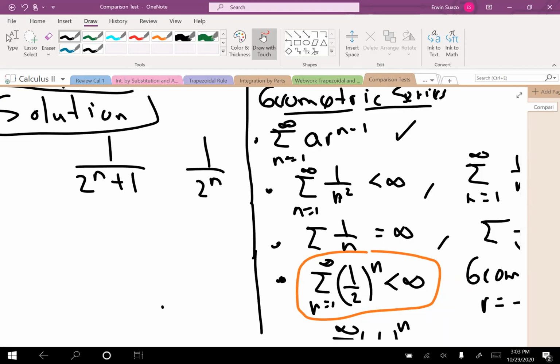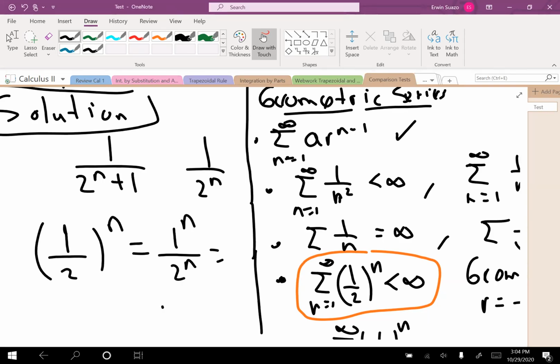The question is, who is bigger? Sir, I think it's 1/2 to the n power, not 2 to the n power. It's the same thing, because it's 1 to the n divided by 2 to the n, and this is 1 over 2 to the n. Okay? So that's part of what is hidden in a geometric series.